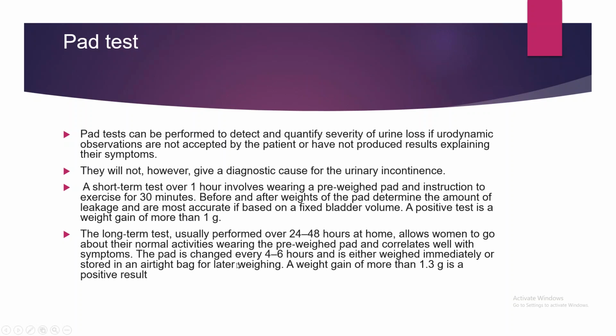The pad is changed every 4 to 6 hours, and it is weighed either immediately or stored in an airtight bag. So weight gain of more than 1.3 gram is a positive result. So I don't think anybody will ask this, but the only thing to remember is that for the short-term test, weight gain of more than 1 gram is a positive test. For the long-term test, weight gain of more than 1.3 gram is a positive test. Okay.